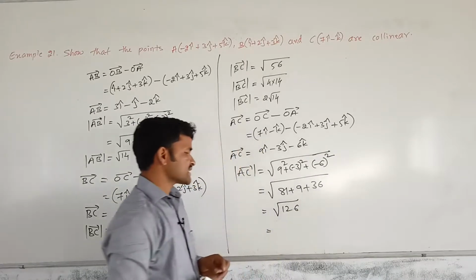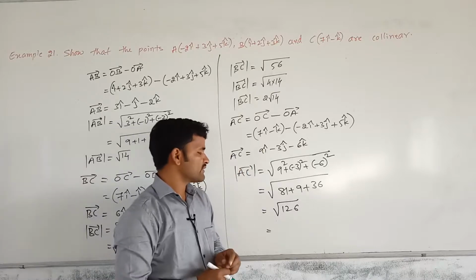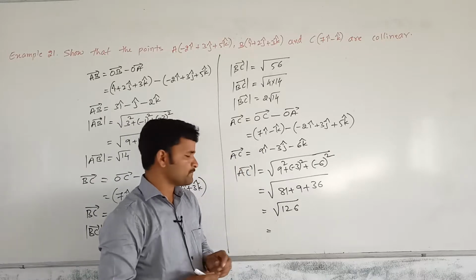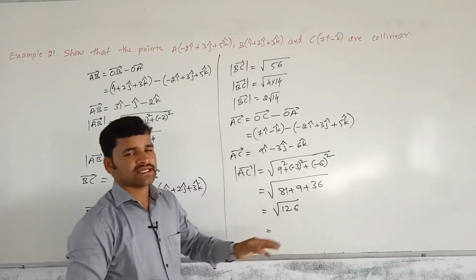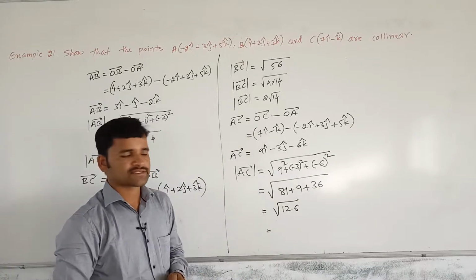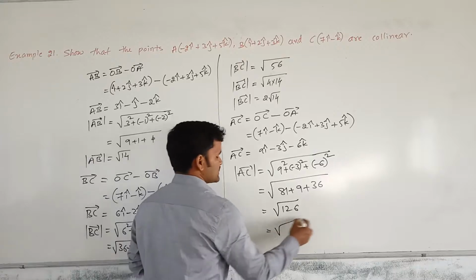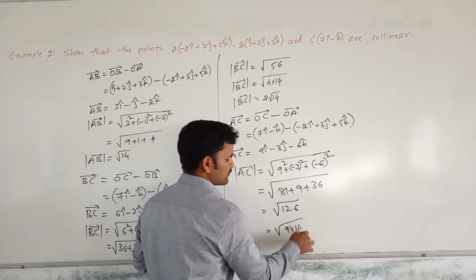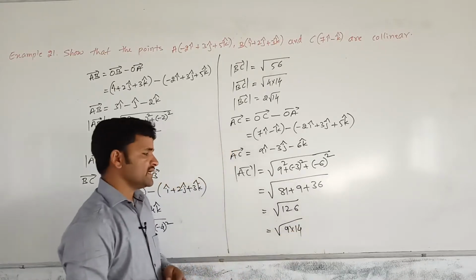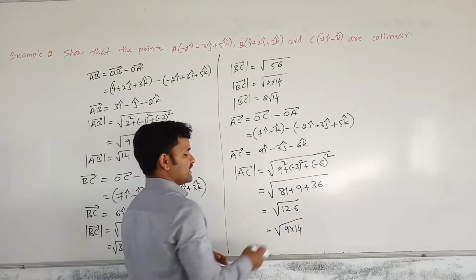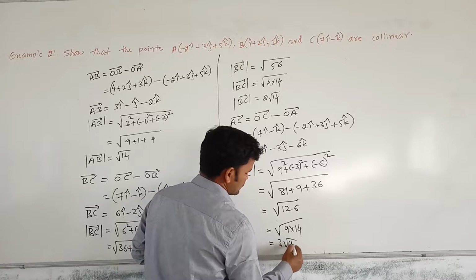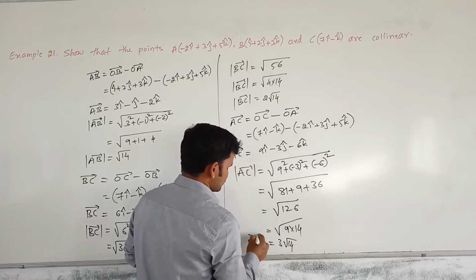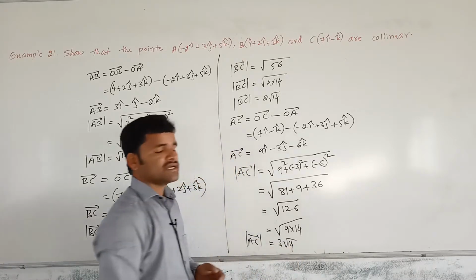Let us check whether it is a multiple of any perfect square. Yes, it is a multiple of 9. This is 9 into 14. Square root of 9 is 3, so 3 into square root of 14 is the length of AC.